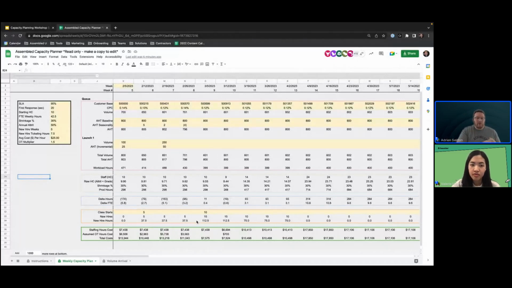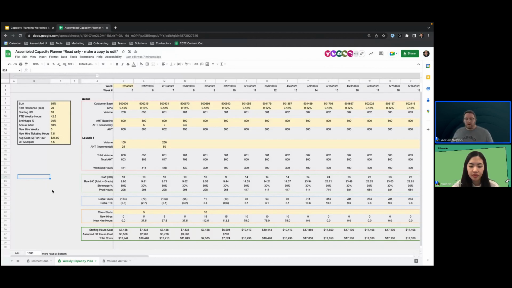If they get direct routed to them it's probably a small amount of volume because you don't want to flood your tier 2. It's probably more expensive. They need more training, and so on and so forth. So then the other one is there's probably a lot of transfer volume from other departments that gets into tier 2. So in that case, I would say make another copy of this for your tier 2.